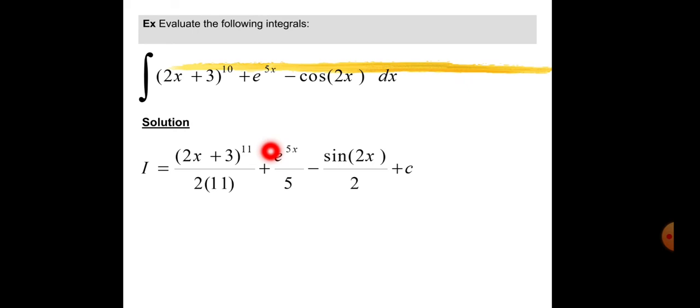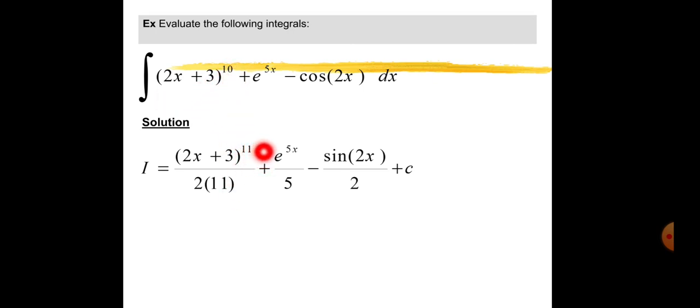Another example: 2x plus 3 to the power 10, plus e to the power 5x, minus cosine 2x. Integration of this is the same. Add 1 to the power, so you have power 11 over the new power, times the derivative of 2x, or the coefficient of x. Again, here we have 2x plus 3 to the power 10.